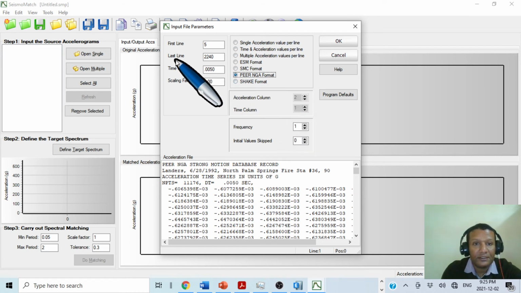Then the last line, because it is counting with line, total points is 11,176, time step 0.05, scaling factor 1, and time step is the same. This is 5, means 1 2 3 4, because the first 4 are words, then it will start from here. Then once it is okay, frequency, initial value skipped, we don't have any, then we can say okay.